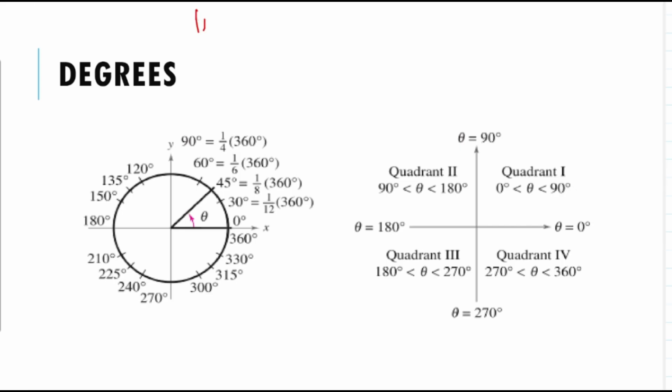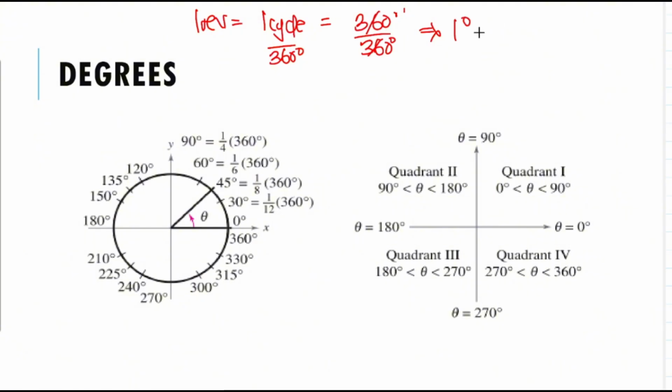So one revolution, that is one cycle. You should have understood this from physics, if I'm not mistaken: one cycle equals 360 degrees. To find the degree, we divide both sides by 360, so 360 here equals 1.